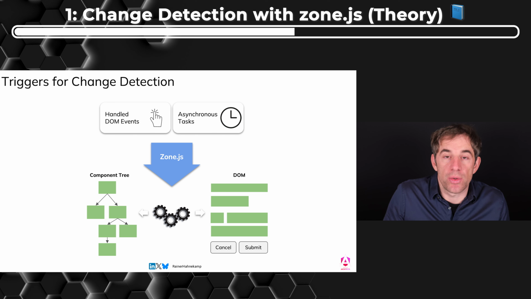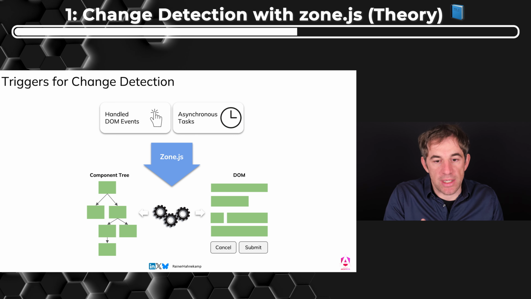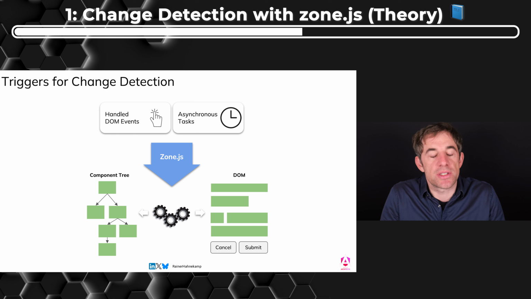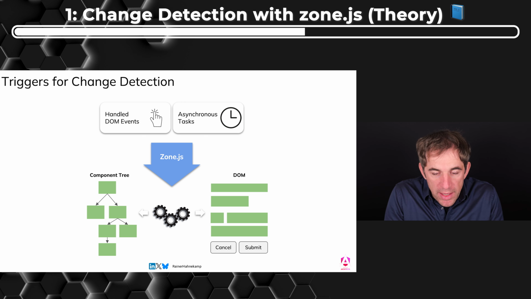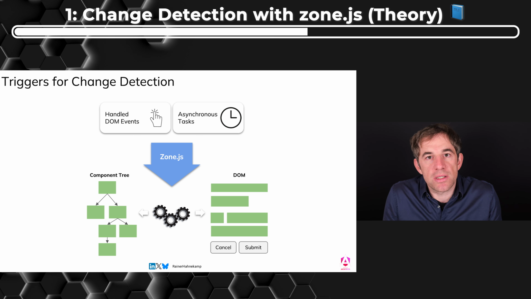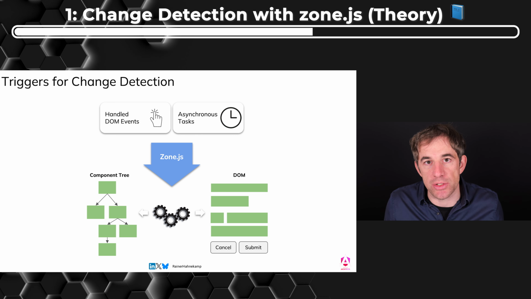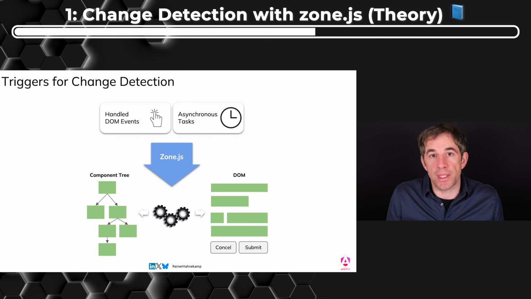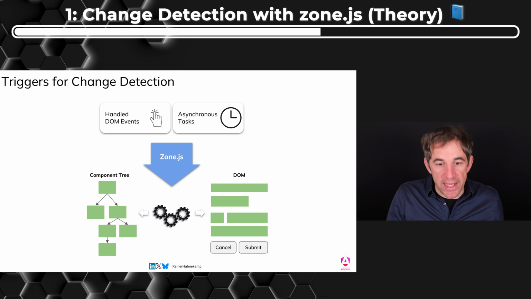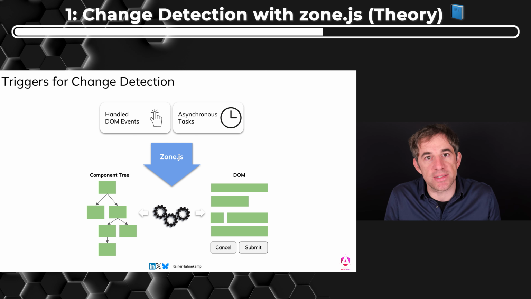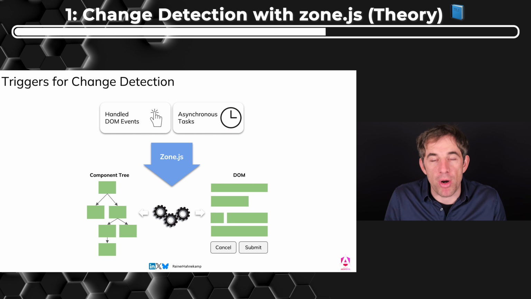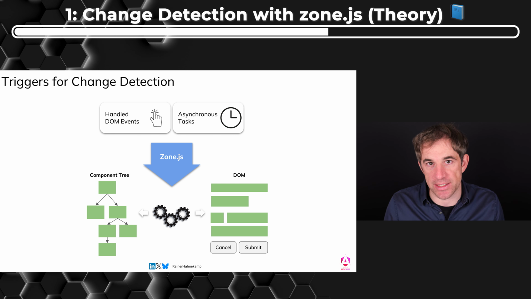But also, for example, if I click on a button and I'm starting an asynchronous task, and the asynchronous task ends, well, then probably that one returns a certain result, which also changes some of the components, and then the change detection also needs to run. And these are the only two places where a change could happen. If you manage to make a change outside of these two criteria, then probably change detection will not be executed automatically.